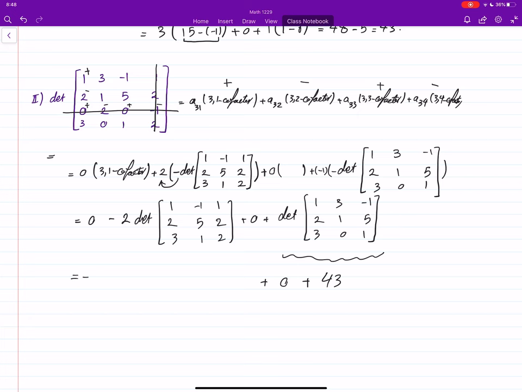So this is going to be negative 2 times. Let us expand this. Expand along any row or column you want. So I will go with 1. This I will do a little bit fast. This one, 10 minus 2 minus negative 1 times 4 minus 6 plus 1 times 2 minus 15. Yeah.